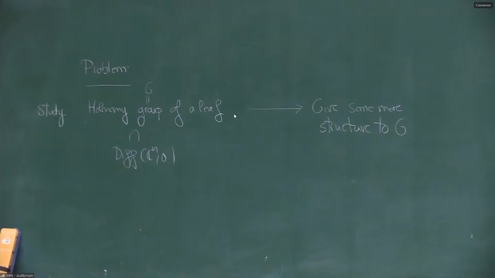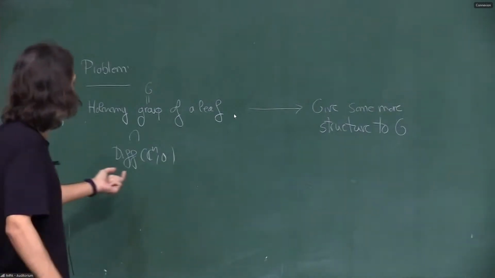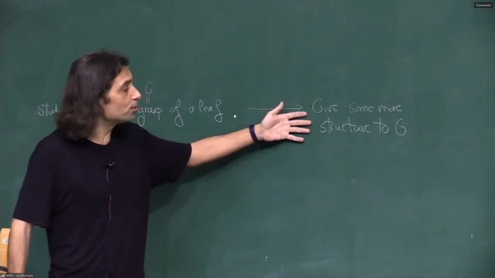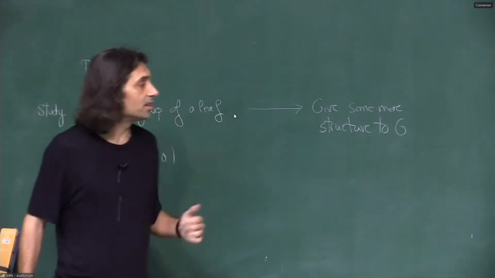So if you're studying the holonomy of a leaf, you're going to have elements that don't correspond to the holonomy along any path, on the one hand. But this further structure can be useful to understand the properties of the original group.